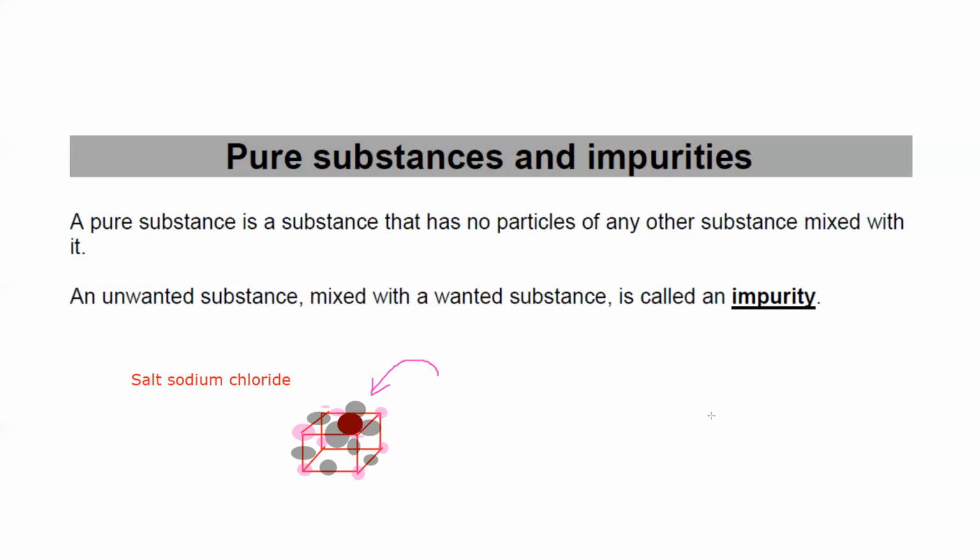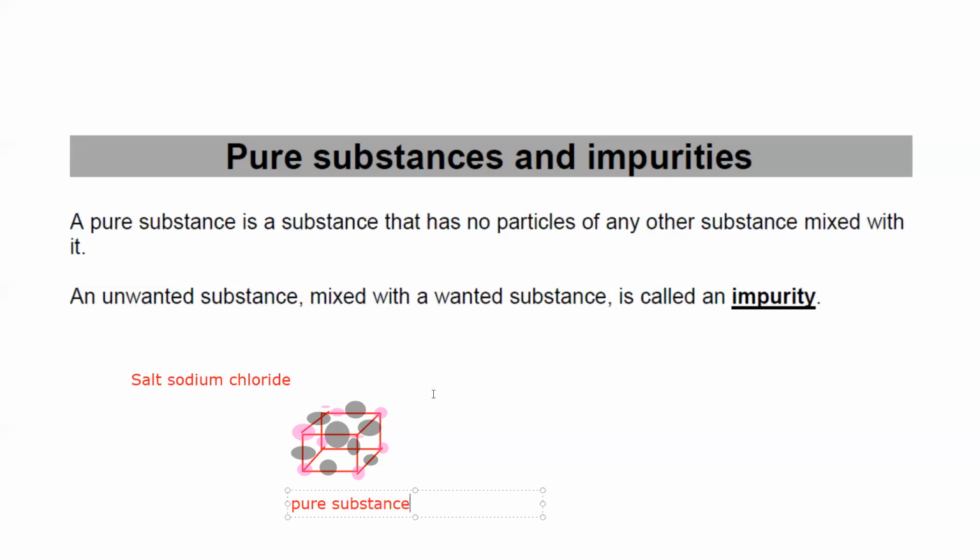So that will make it impure. Impure means, if I say I have sodium chloride, but that sodium chloride contains another substance as well, we will call that substance impure. But if there was no other substance, like if I say I have sodium chloride, so I have only sodium and chloride only, in that case I will say that substance is a pure substance.